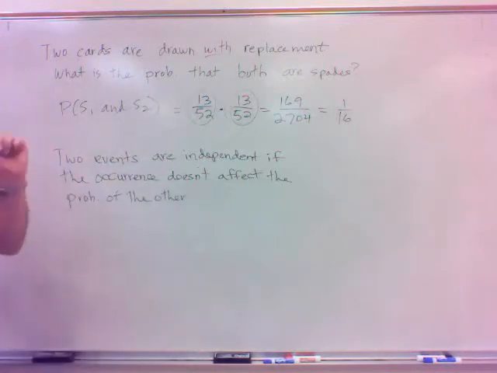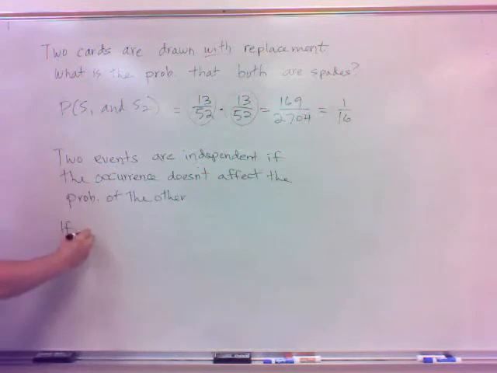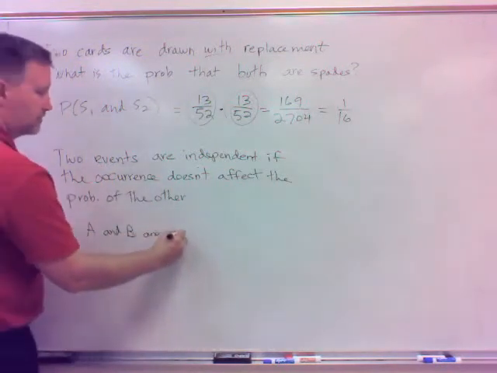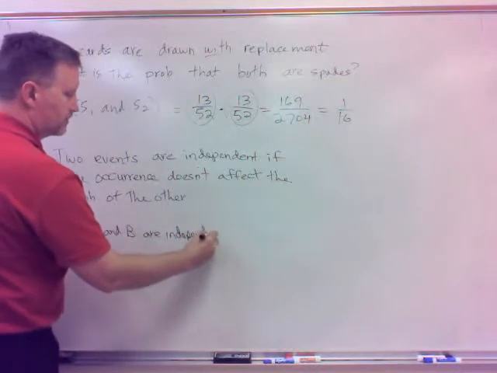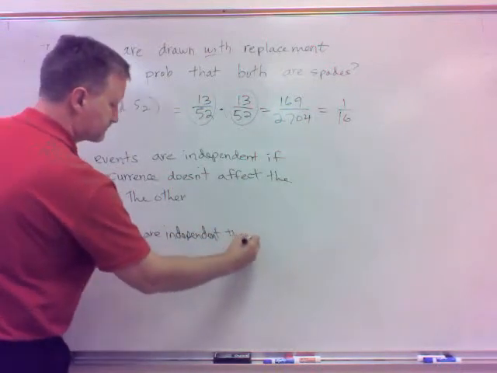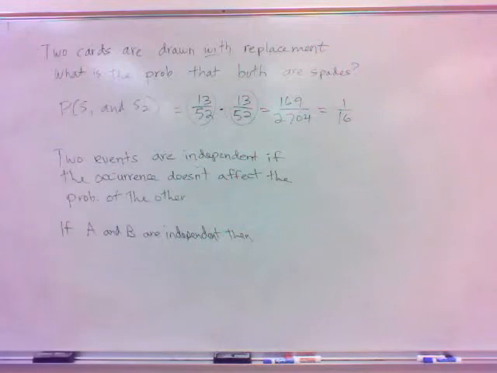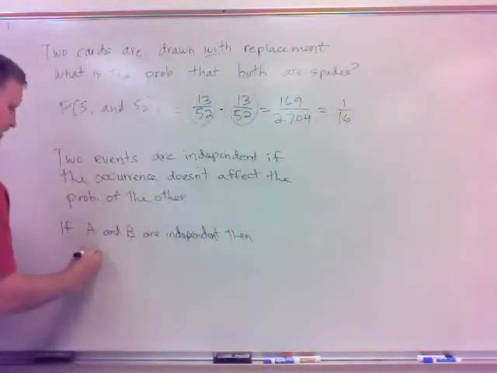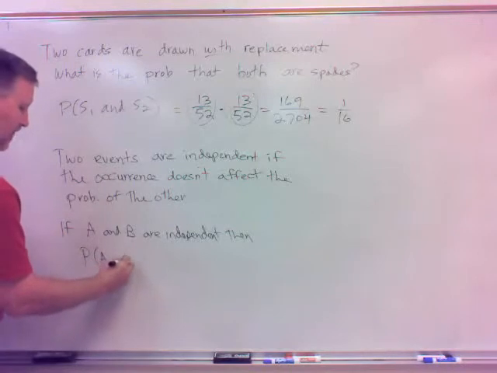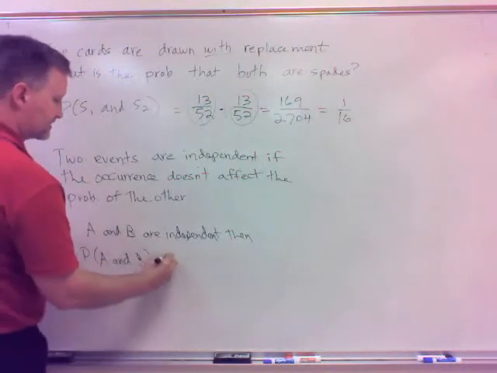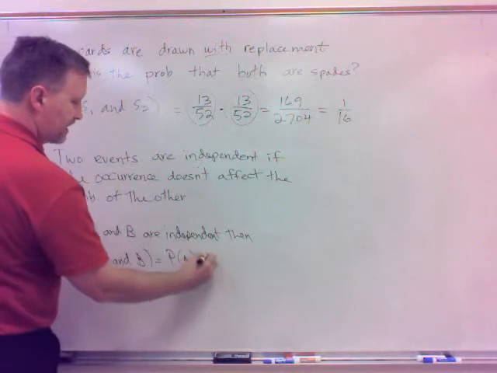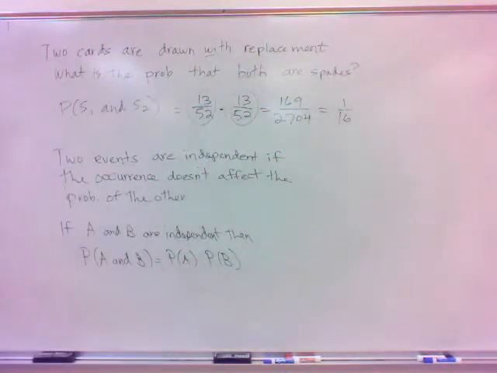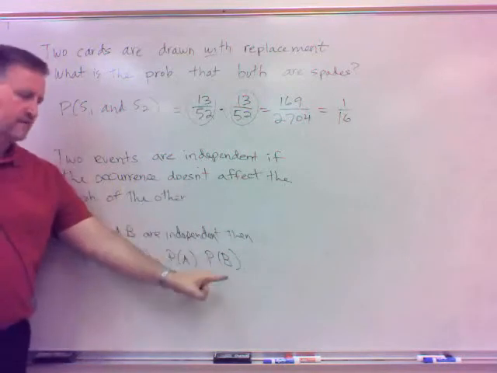Now, what's significant about it is this. If A and B are independent, then the probability of A and B just simply equals the probability of A times the probability of B. Now, what's significant about that?